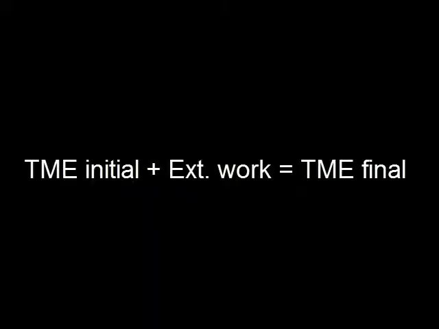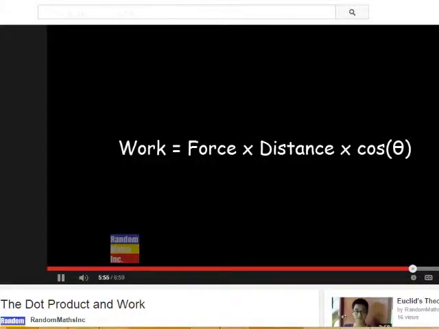And the fact that the energy is the same is called the law of conservation of energy, that the total mechanical energy stays the same throughout the action, unless it's acted upon by external work. Then the value would change, but it would still change by the same amount that work is being done on or against the motion. Now there's an equation for work, F d cosine theta, force times displacement times cosine of theta.